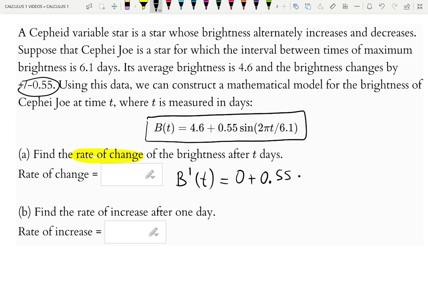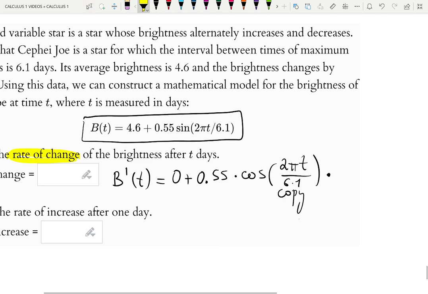Derivative of sine is cosine. Copy the function inside, so I'm going to copy 2 pi t divided by 6.1. And now multiply by the derivative of the function inside. So I'm going to multiply by the derivative of 2 pi t over 6.1. To help you figure out how to take this derivative, I only need to see a variable.